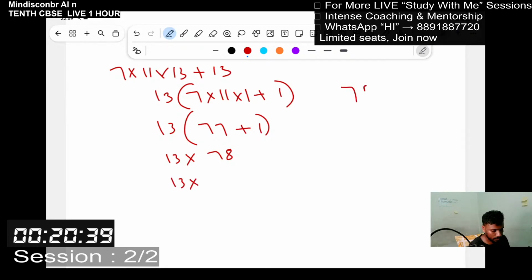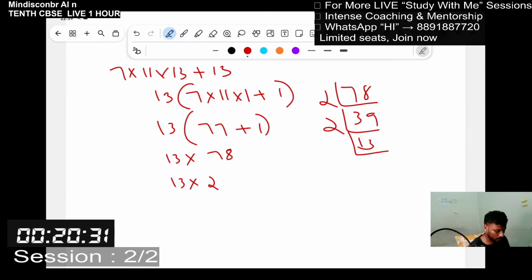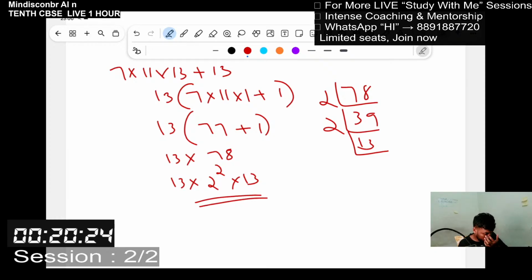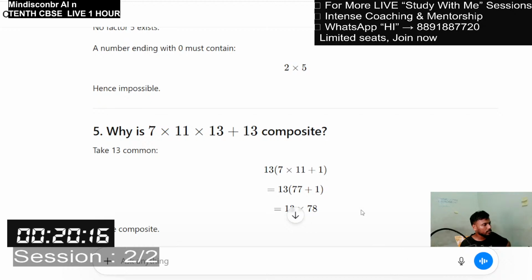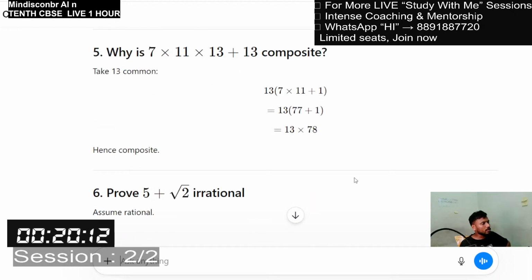We can write 78 as 2 into 3 into 13, so the number is 2 into 3 into 13 squared.